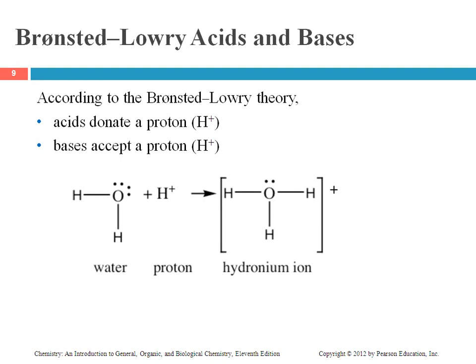Okay, we're going to come back to strong acids and strong bases and so forth, but that's just an introduction to acids and bases. And the second theory is what most students remember from this course, because it tells us how an acid or a base is going to act in water and what's going to be produced. Okay, this is called the Bronsted-Lowry theory. An acid is going to donate a proton.